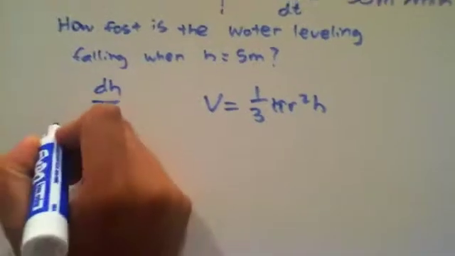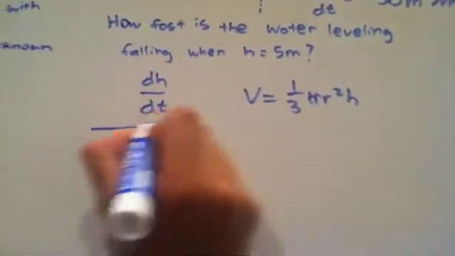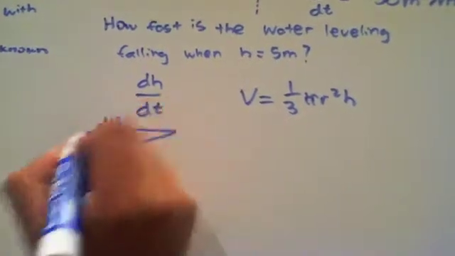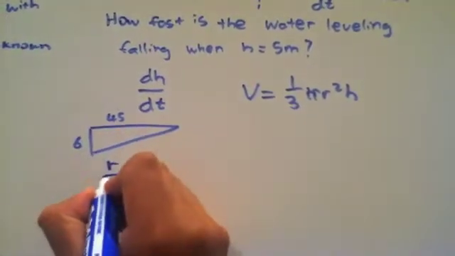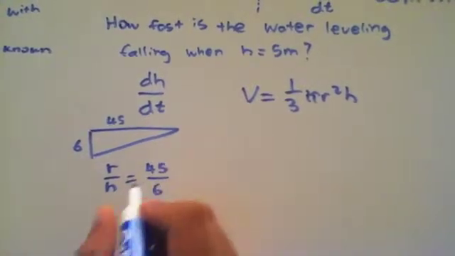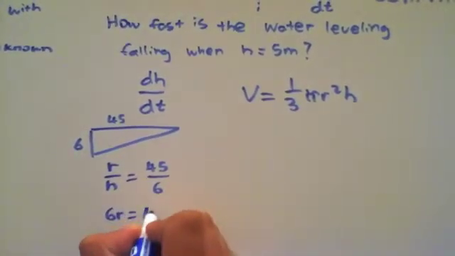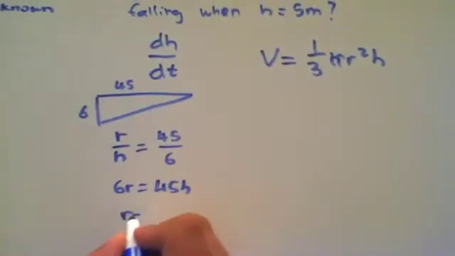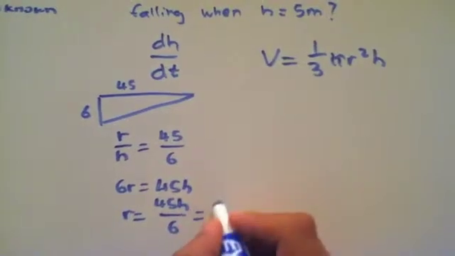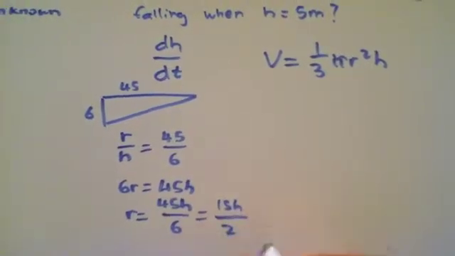To do this, we make a simple ratio of the height and the radius. You have 45 and 6, so r over h is equal to 45 over 6. So 6r is equal to 45h, and r is equal to 45h over 6, which is equal to 15h over 2.